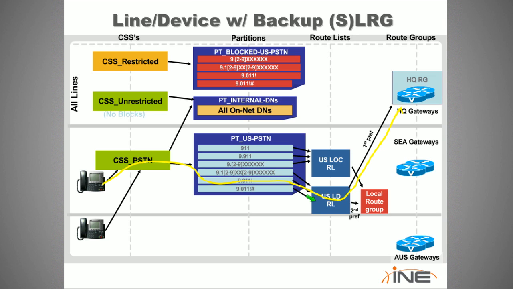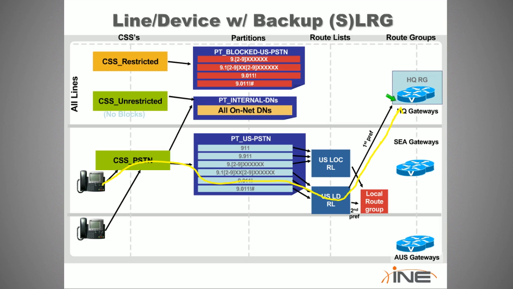So we have those patterns pointing to a different route list. And that route list has a first preference of explicitly configured headquarter gateways. So there's going to need to be some form of digit manipulation to make sure they route properly.